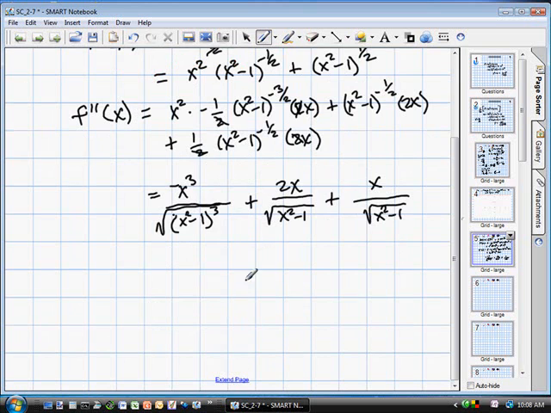Okay? Let's get a common denominator. Would it make sense to all of you that if I multiply by the square root of x squared minus 1 squared, that'll give me my common denominator here?